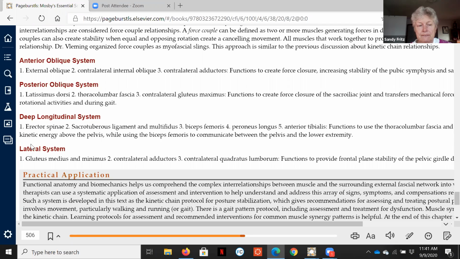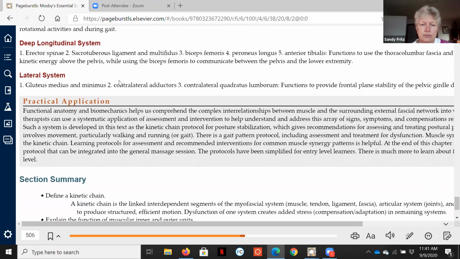Now, that doesn't give us an excuse for not having to think this way. This also becomes a cross communication between other disciplines. So this is certainly an area of further study.